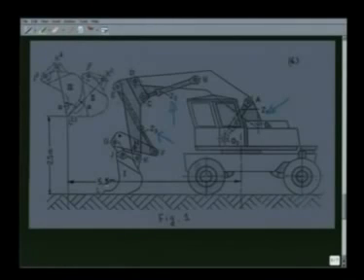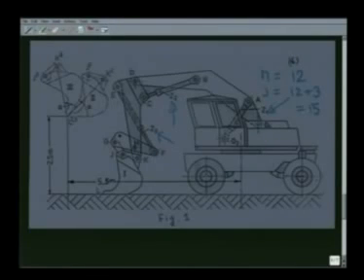If we count the number of links in this mechanism, I will get n equal to 12. This will be clear when we draw the kinematic diagram of this particular machinery. If we count the number of pairs, we will see there are 12 revolute pairs and 3 prismatic pairs. So J is 15.